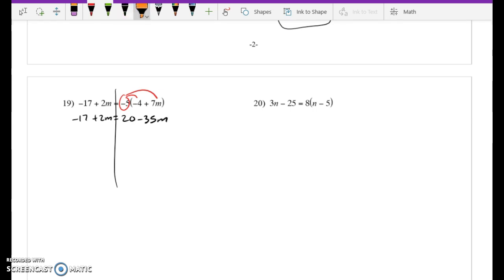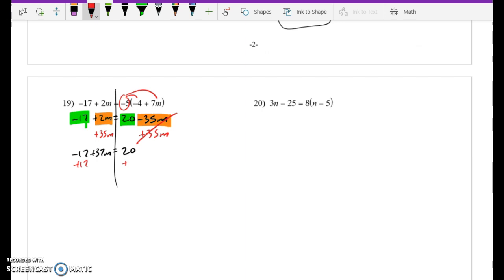If I show you the highlighting, I get this. Remember, green's on one side, orange is on the other. I'm going to add 35m. That gives me negative 17 plus 37m equals 20.